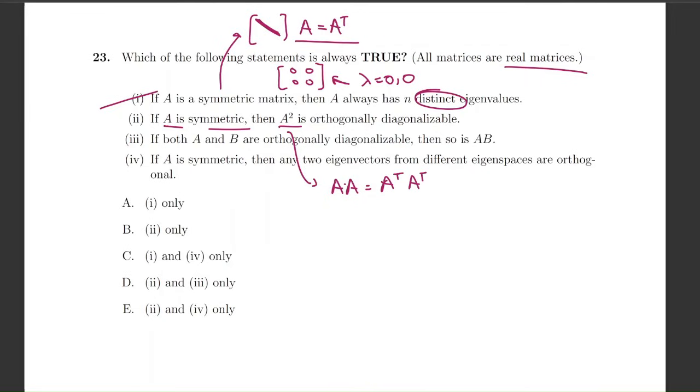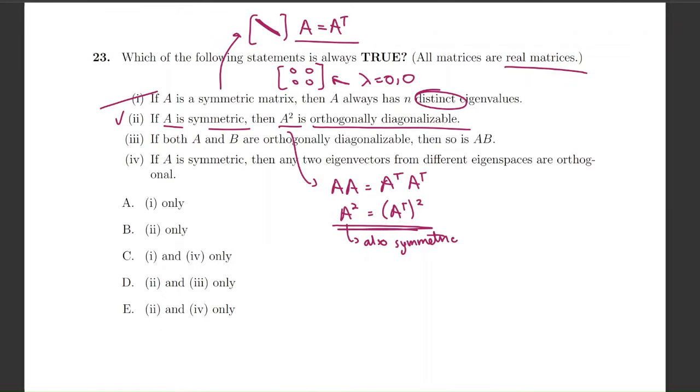That means A squared equals A transpose squared, which means A squared is also symmetric. Because it's symmetric, we can use the spectral theorem and say it will be orthogonally diagonalizable. So this is actually a true statement.